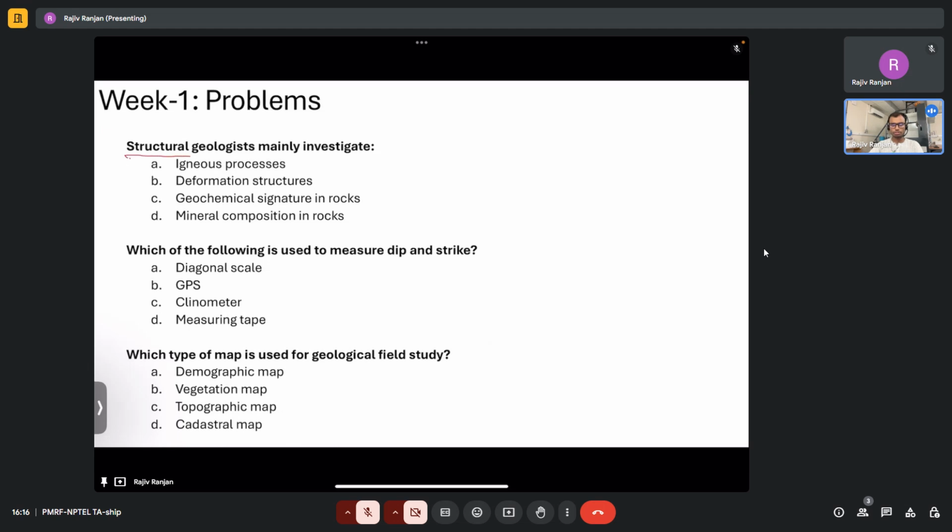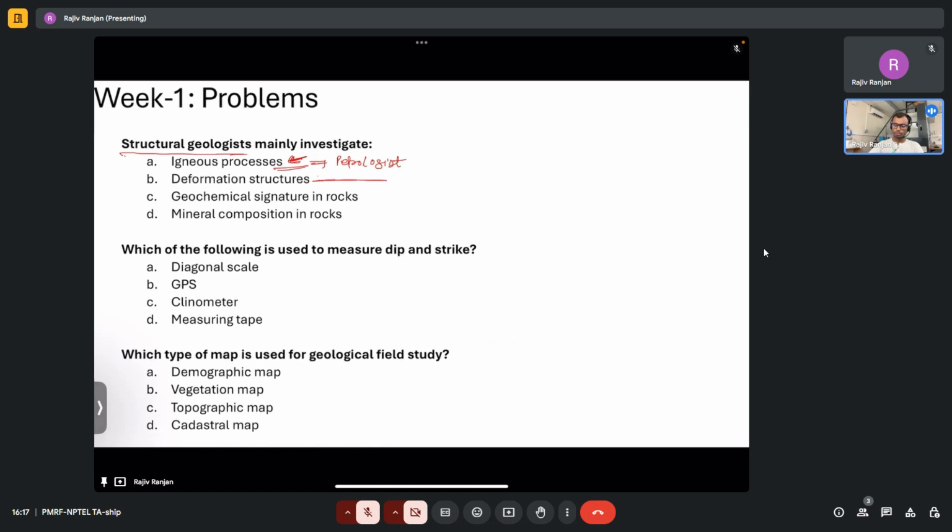Structural geologists focus mainly on what? Does a structural geologist focus on igneous processes? No. This is mainly the job of a petrologist, right? Option B is deformation structures.